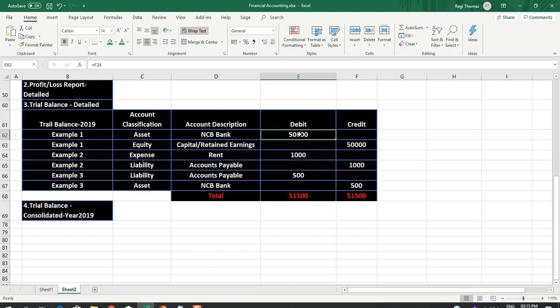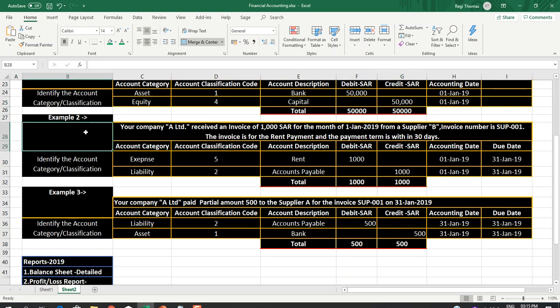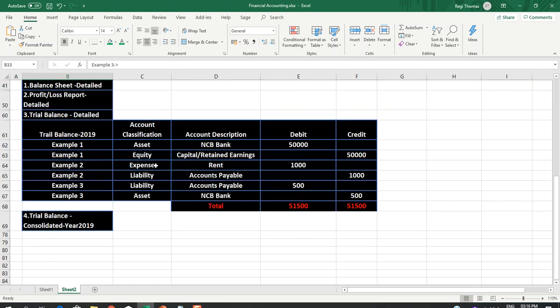I placed that amount here according to the values in this example. So debit 50,000 and credit 50,000. The same way I have placed example 2 and example 3 here.